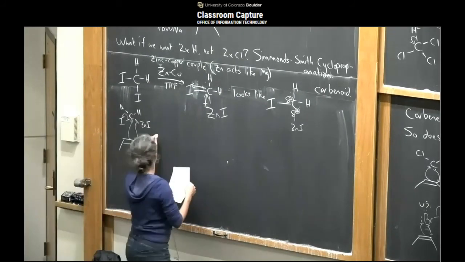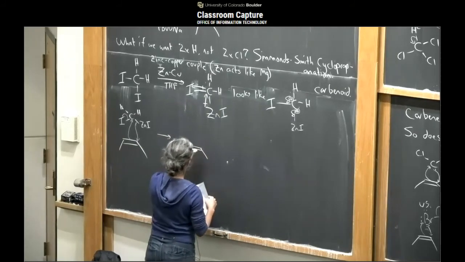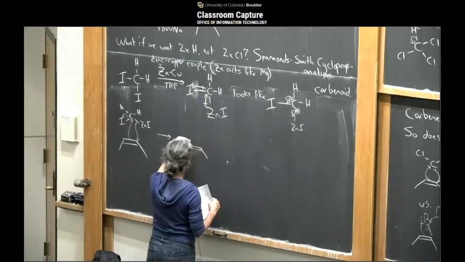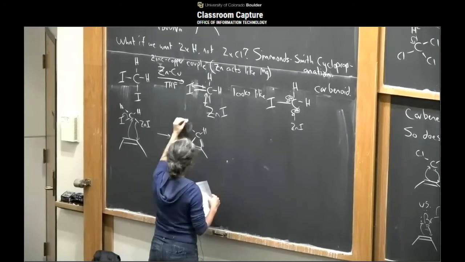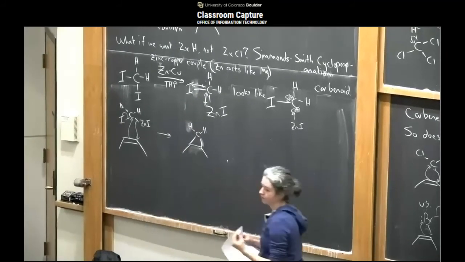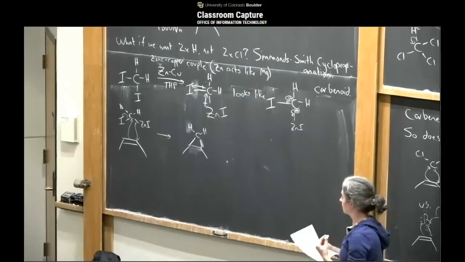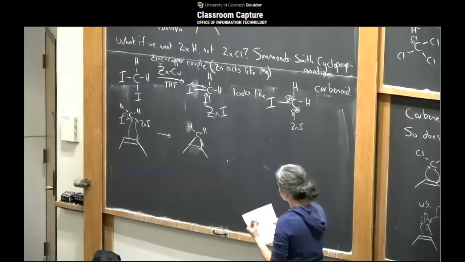Okay, so in this case, that's going to get rid of our double bond, and both the zinc and the iodine are going to come off at the same time, leaving us just the carbon with the two H's cyclized onto there. Okay.